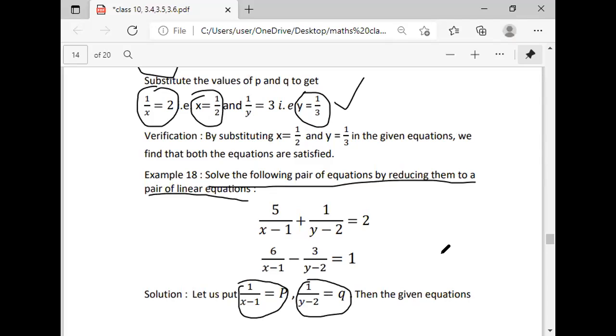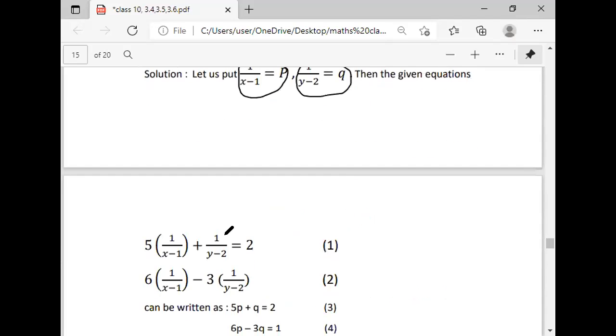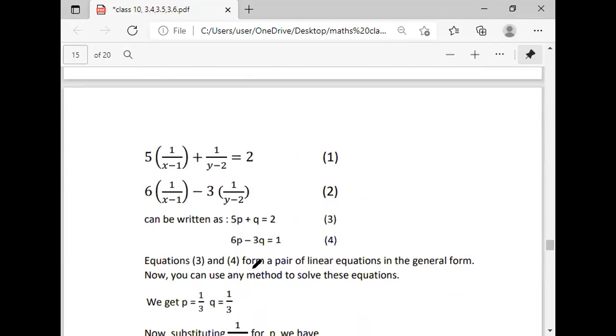And then how will our equation be reduced? Can you say? This will be 5p plus q equal to 2, and 6p minus 3q equal to 1. So we are naming it as equation 3 and equation 4.